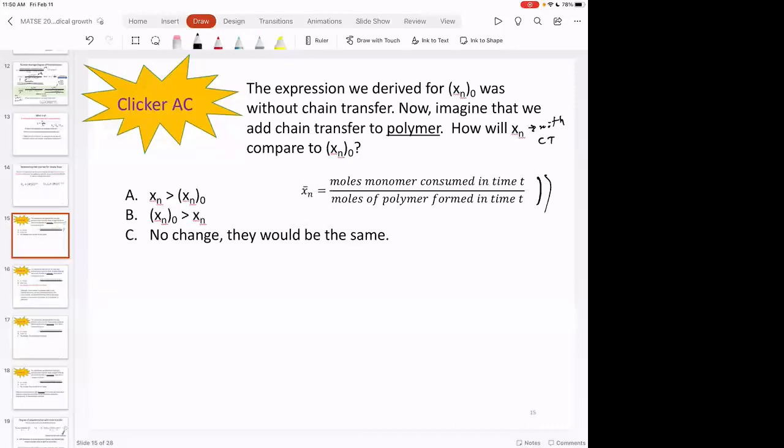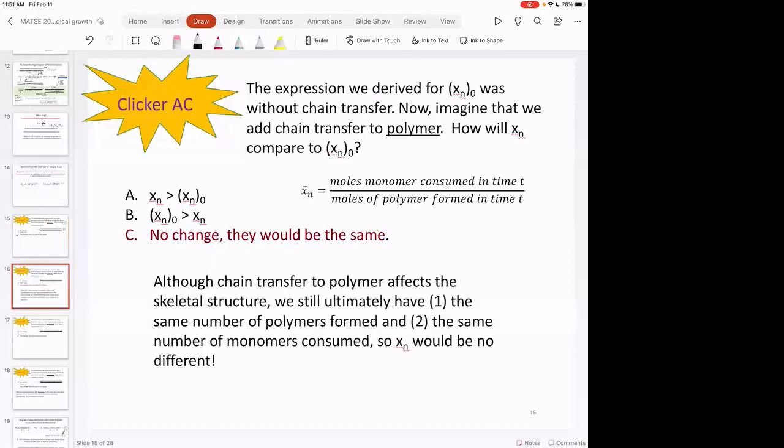Polymers are changing who is the growing chain end, but has any situation changed with the moles of monomer or the moles of polymer? No, that's right. Perfect. No change. They're the same. So you can ring in. Oh, we're at 57. We've lost a couple people. So no change. They would be the same.